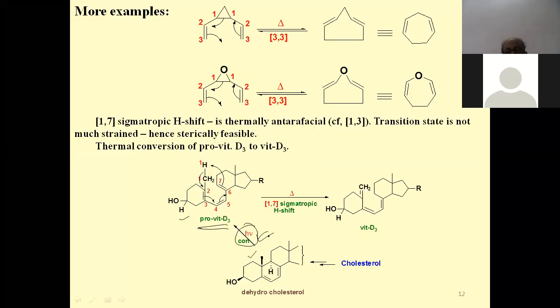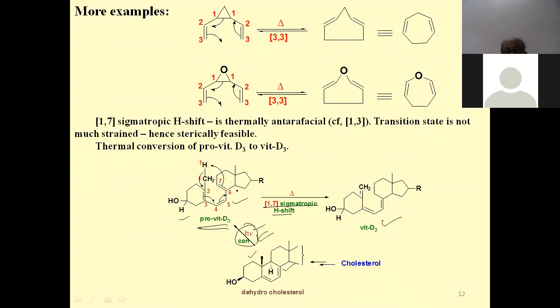This must come from solar radiation. This cholesterol goes to this molecule and then it comes to provitamin D3. And from there, through a 1,7 sigmatropic hydrogen shift, it comes to vitamin D3. How is this one? This is the 1,7 sigmatropic shift. I think you can get it now.